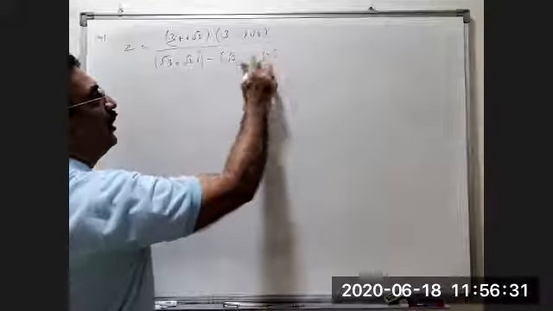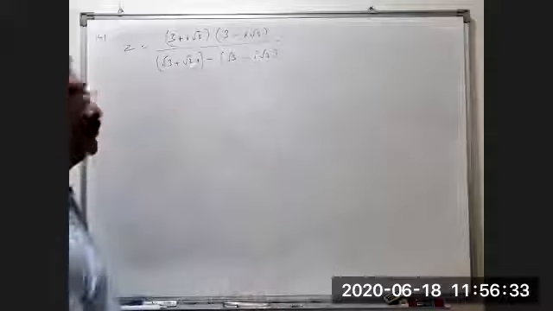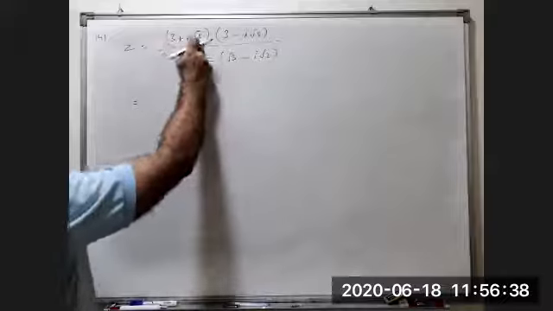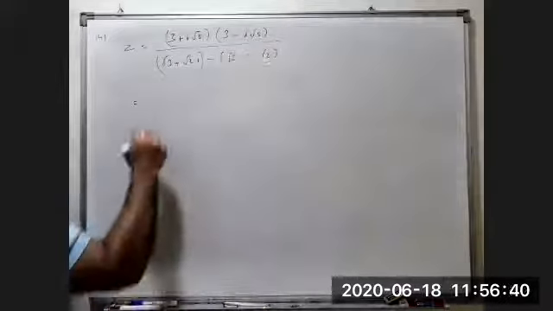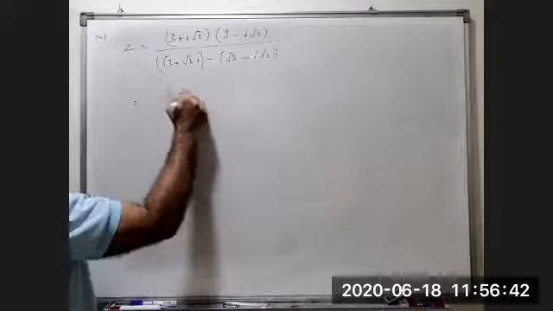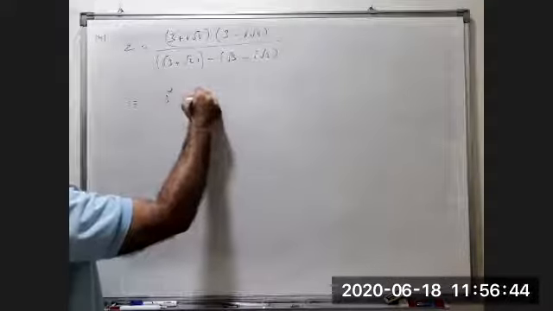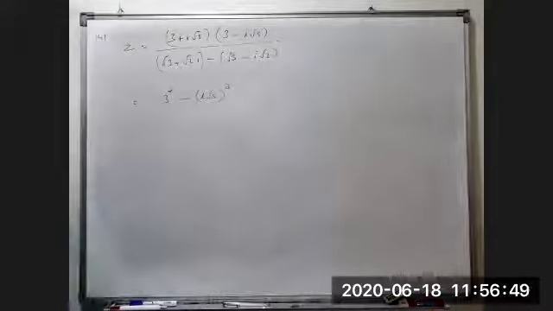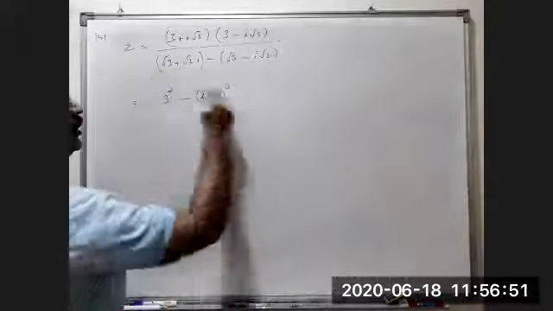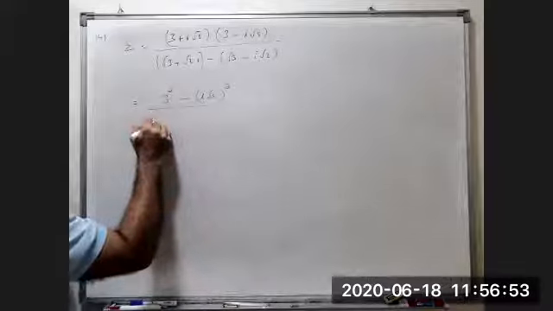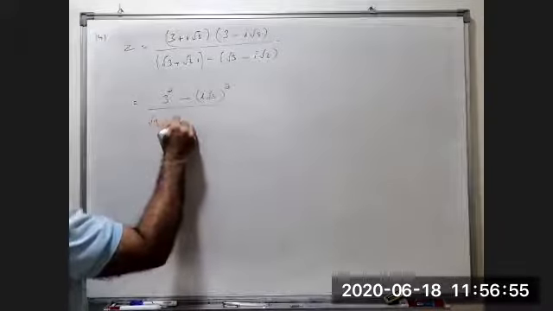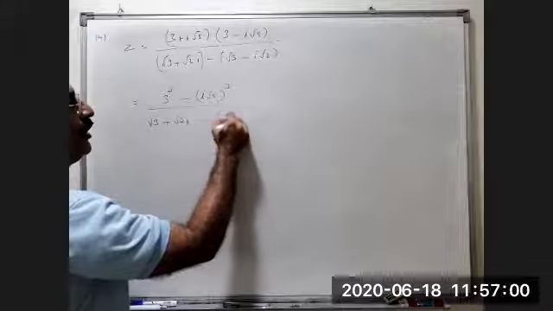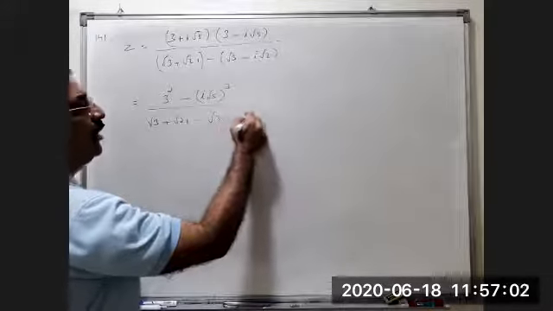Root 3 and root 3 both are the same. Numerator you can see is of the form (a plus b) into (a minus b), which is a square minus b square, so 3 square minus (i root 5) square. Denominator: opening bracket root 3 plus root 2i, minus root 3 plus i root 2.